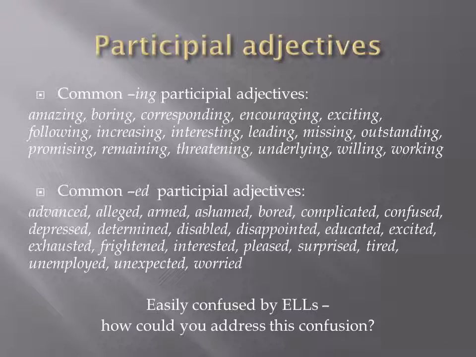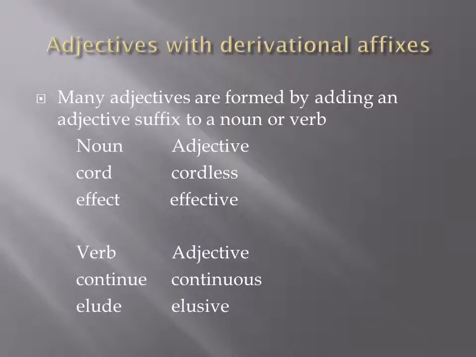And that's something that can also become fossilized, which means they actually learn something that you don't want them to learn, and it can be very hard to unlearn it. It's a mistake that they have sort of integrated into their speaking and their language acquisition. So I want you to think about that. How would you be able to address that kind of confusion with the kinds of students that you're interested in working with?